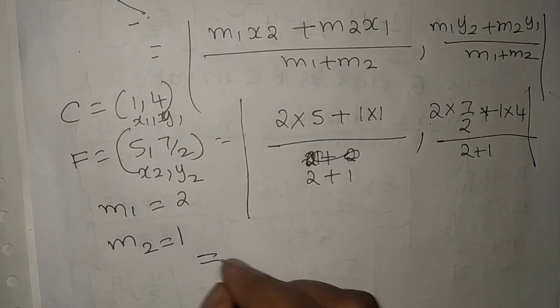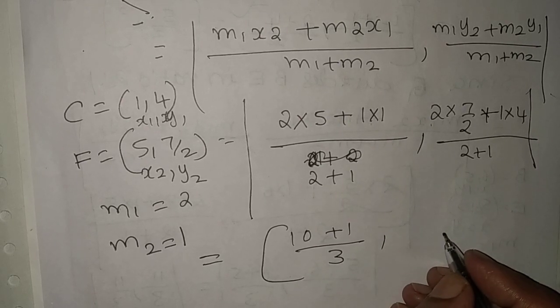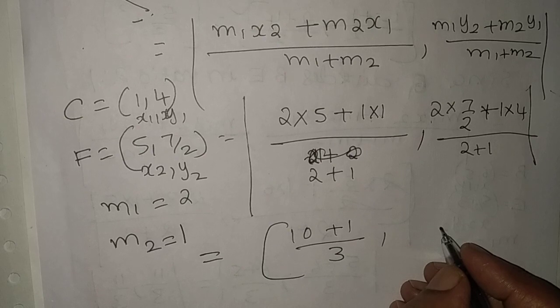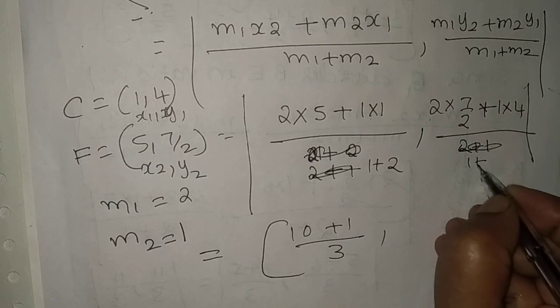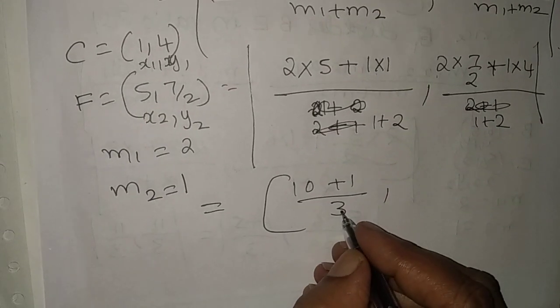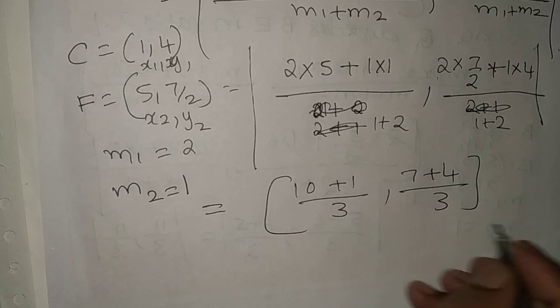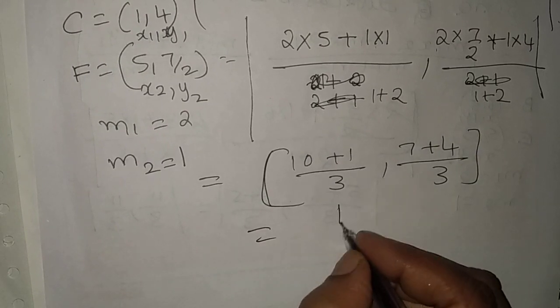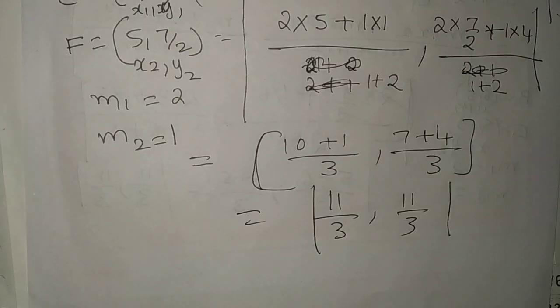Now simplify this, we will get (10 plus 1) by 3 and (7 plus 4) by 3. Then adding this, 11 by 3 and 11 by 3. So this is the coordinates of R which divides CF. This is the solution for the 7th subproblem, 1, 2, 3.